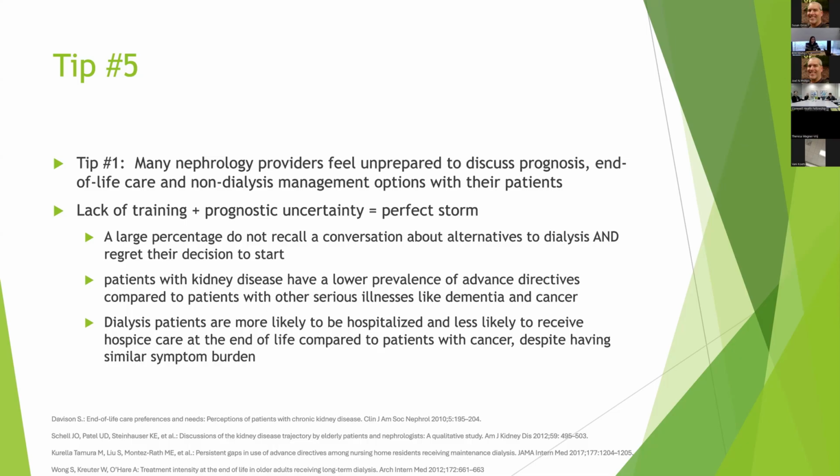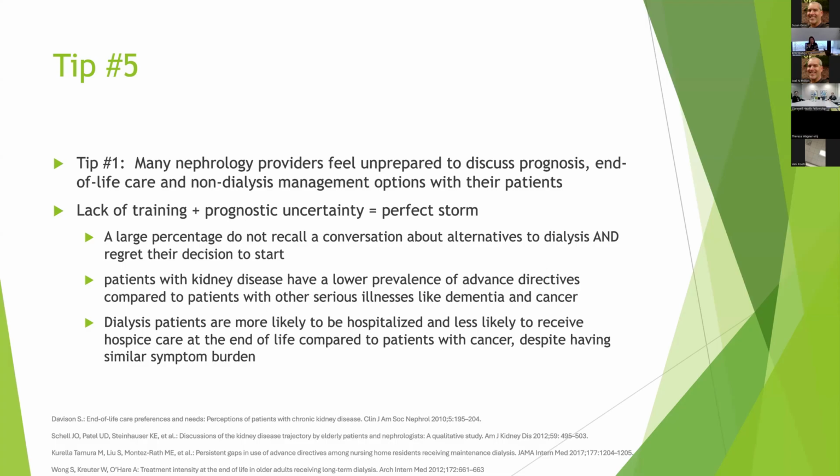Patients with kidney disease have a lower prevalence of advanced directives, which again is kind of mind-blowing. You think of oncology patients, I find that they've been talked to about advanced directives. It's not uncommon to have those already scanned in the chart by the time I see them. I would say most folks I see with end-stage renal disease don't have advanced directives.